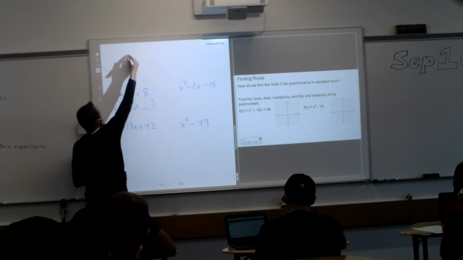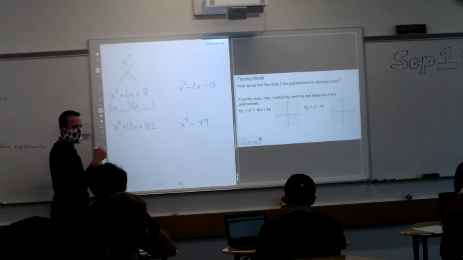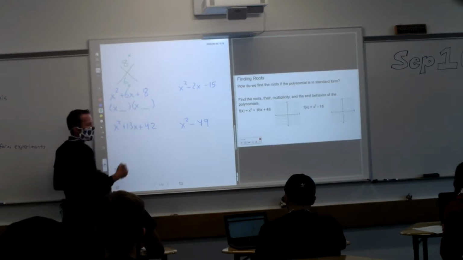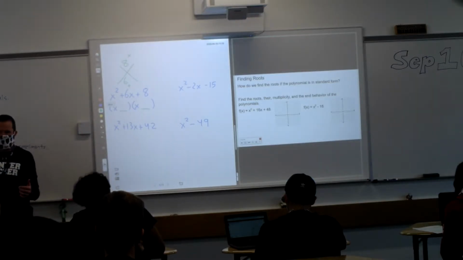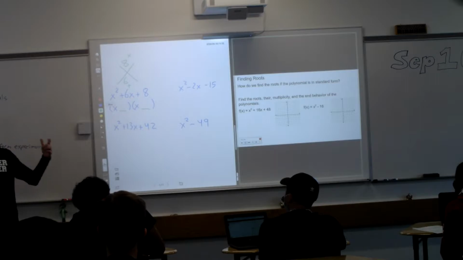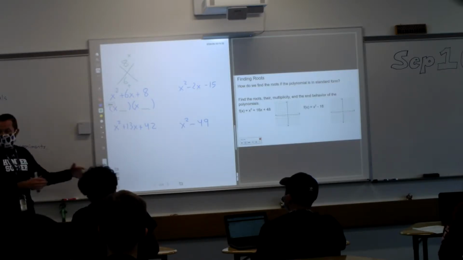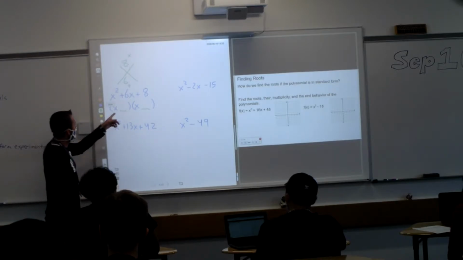And add to give you 6. So I'm putting a x there to say I'm timesing to get 8, and then I'm adding to get 6. Well, guys, what numbers multiply to give you 8? 1 and 8, and 4 and 2. Does 1 and 8 add up to 6? No, so it's not 1 and 8. Do 4 and 2 add up to 6?